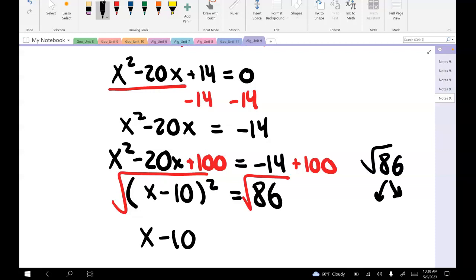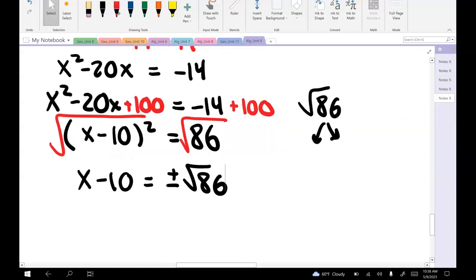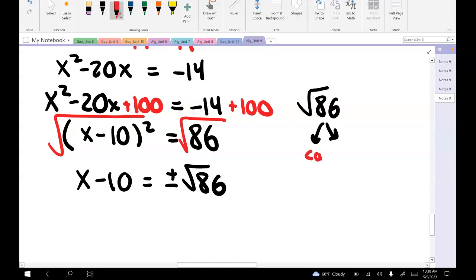So this is our case where we would write our final answer. We can't split it up at all. No perfect square goes into it, so we'd write this as plus or minus the square root of 86. If you want to add a note, you can write that you can't simplify.